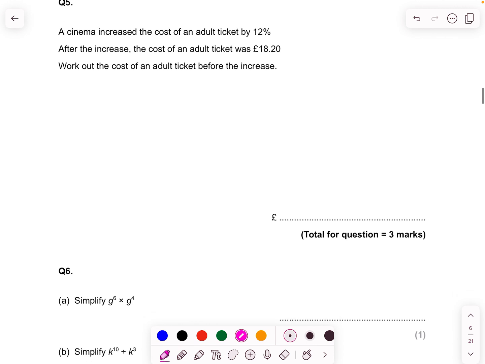Okay, so here we've got another reverse percentage question. And so it was an increase. So 100% plus 12% is 112%. Then we turn it into a decimal by dividing by 100 to give us 1.12.